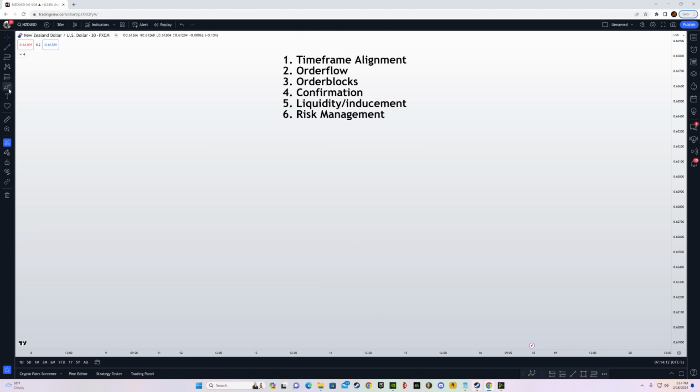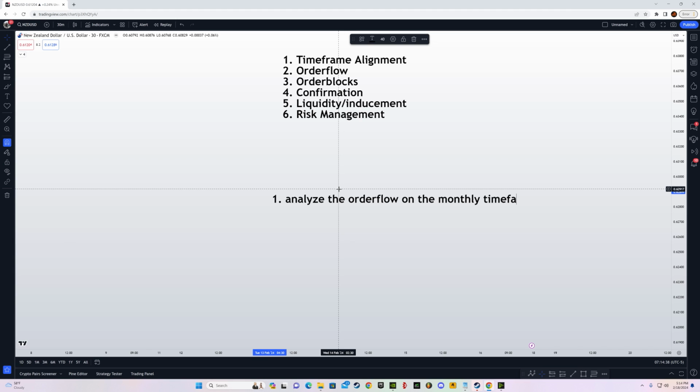All right. So if you are a swing trader, and you must understand this thing very, very correctly, otherwise nothing will work for you. If you are a swing trader, right, your style is swing trading, you should, number one, analyze the order flow on the monthly time frame.